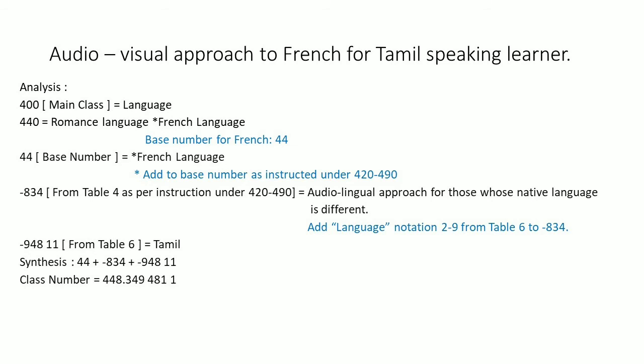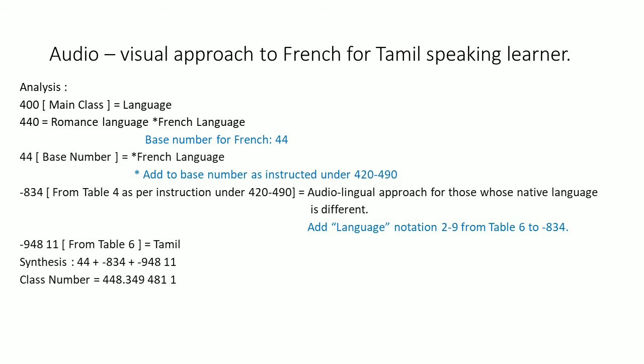Now we have to do the synthesis of the notation. At first we have to take the base number. The base number is 44 for French language. After that we have to take the notation of audio visual approach for those whose native language is different. This number we have taken from table 4, so I have written here the notation 834.